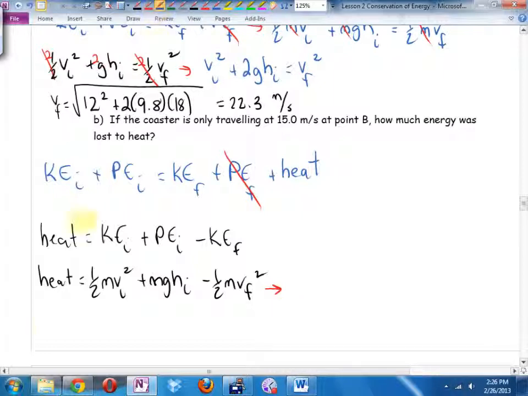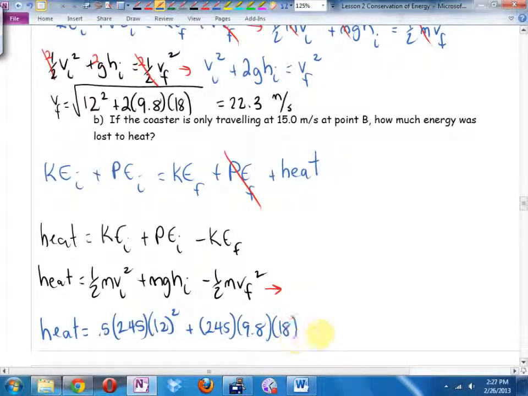I think we're going to get this then. The heat equals 0.5. What did I say the mass was? 255? 245? Initial velocity was 12, yes? Squared. Plus 245 times 9.8 times initial height was 18.